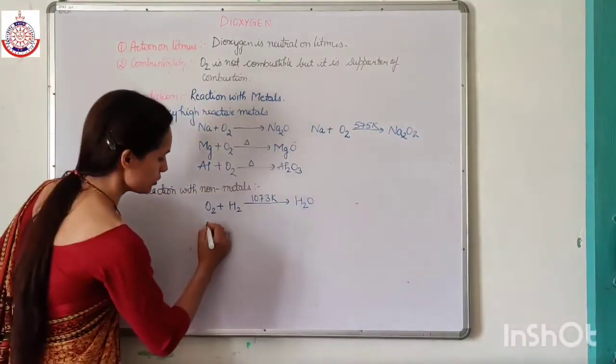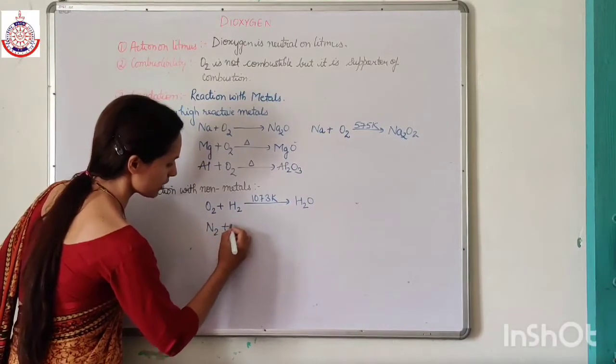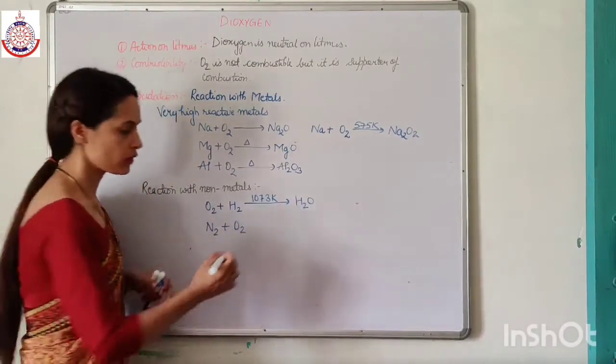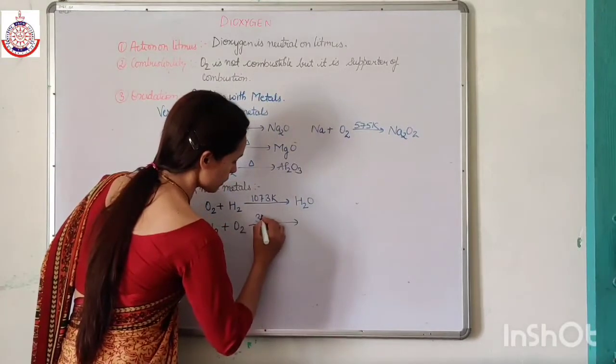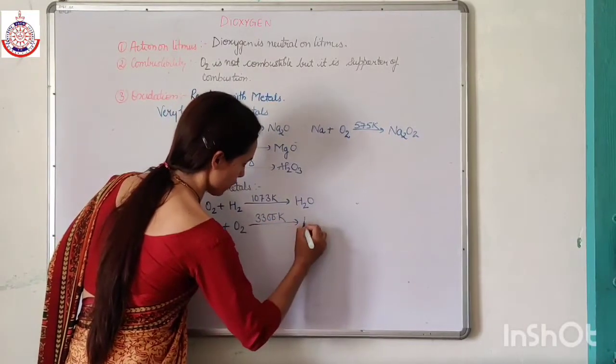Similarly, N2 reacts with O2 at 3300 Kelvin to form NO.